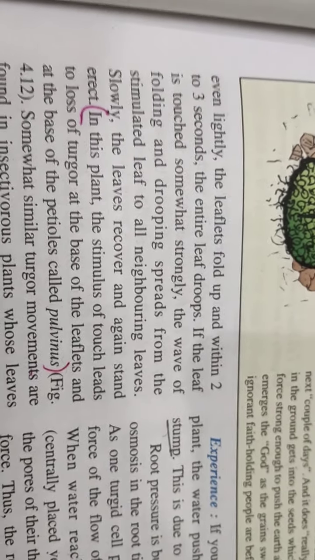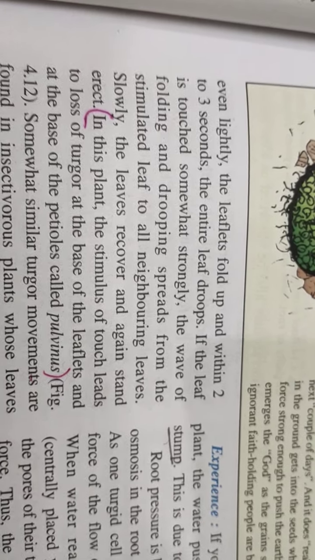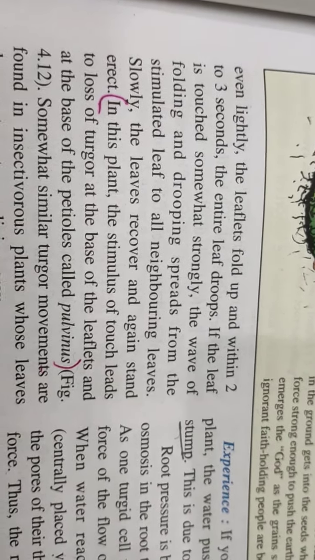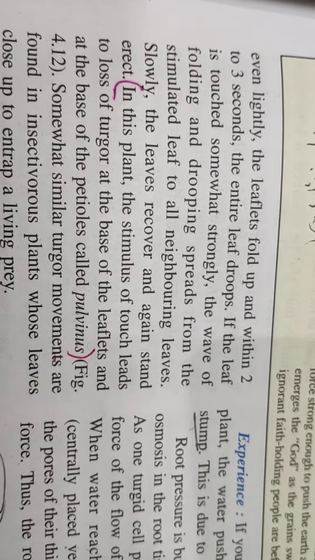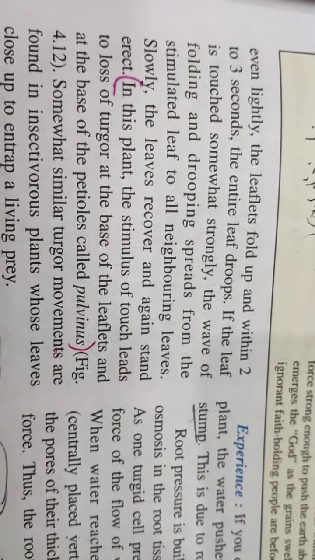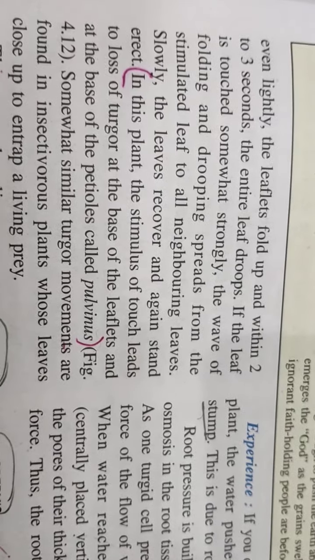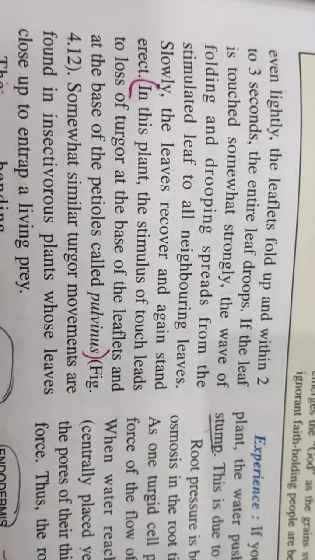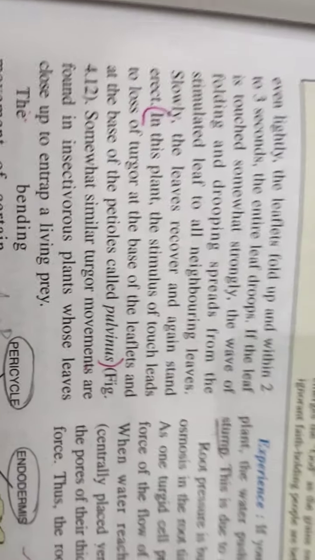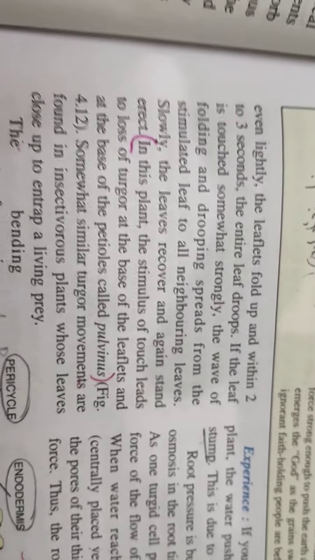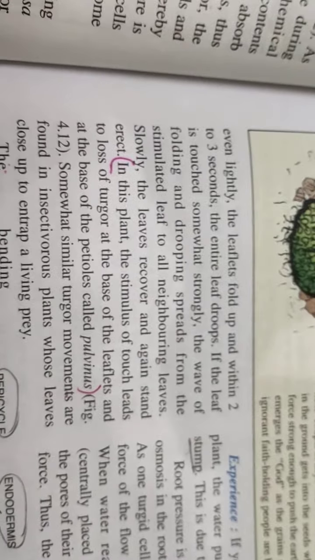If the leaf is touched somewhat strongly, the wave of folding and drooping spreads from the stimulated leaf to all neighboring leaves. Slowly the leaves recover and again stand erect. In this plant, the stimulus of touch leads to loss of turgor at the base of the leaflets and at the base of the petioles, called pulvinus. So this is the best example of turgor pressure we can find in the touch-me-not plant.